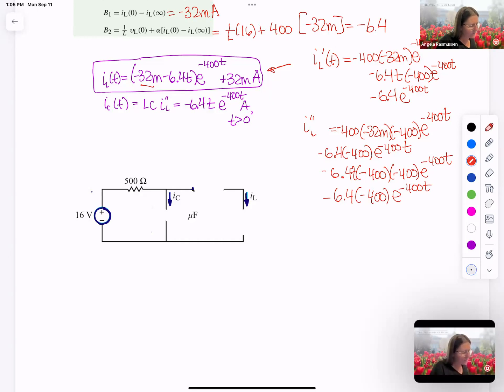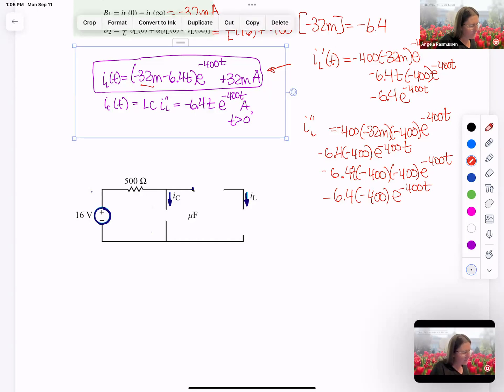Because you have the minus 32 derivative here, the minus 6.4 here, but where's that other one coming from? That third. So I leave the first component, which is minus 6.4t, and then I differentiate the second, which is minus 400, e to the minus 400t. But then I have to take the derivative of this portion. Oh, never mind, I don't know. I'll have to look at it more. No, that looks correct.